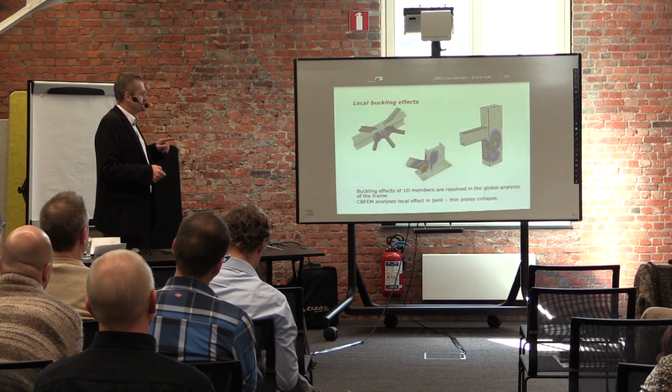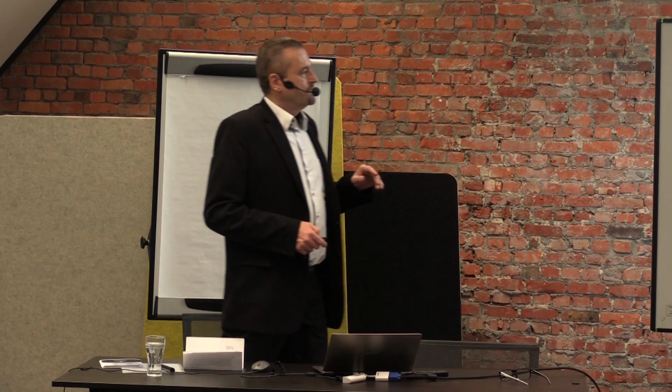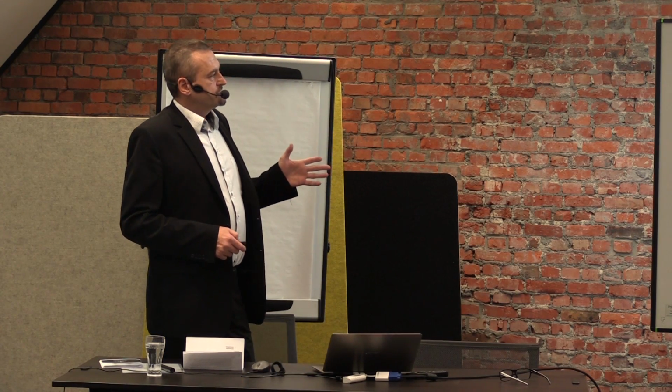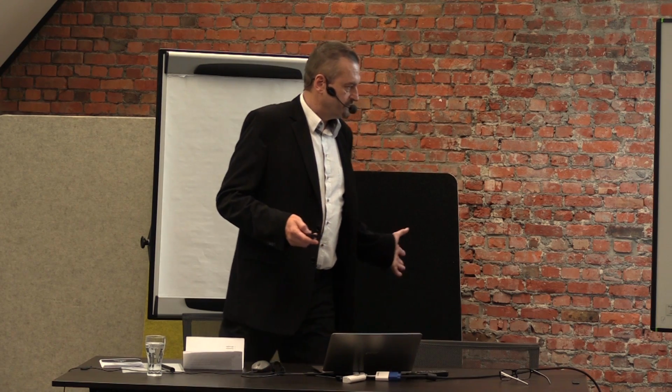It can be for any topology of connections. There can be a problem in gusset plates. Here is again some gusset plate, and here it is in the web of a rectangular hollow section. So we solve only local effects, not global buckling of the frame.